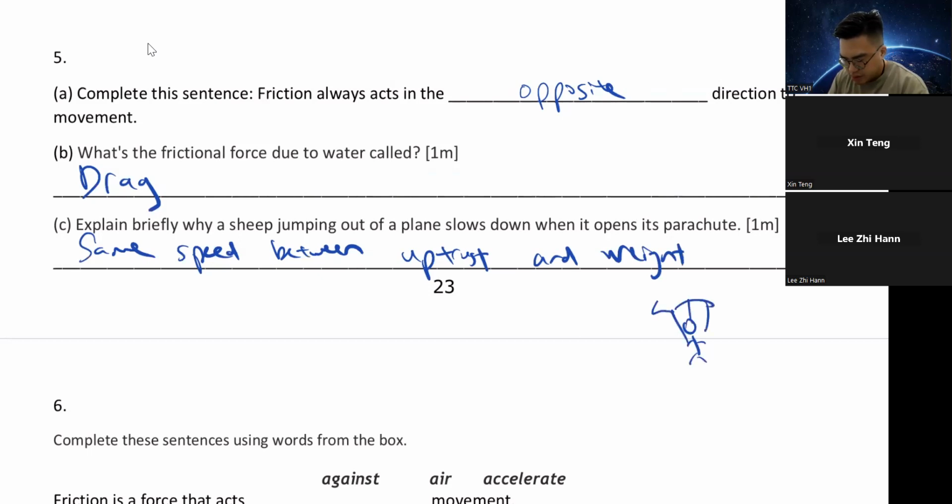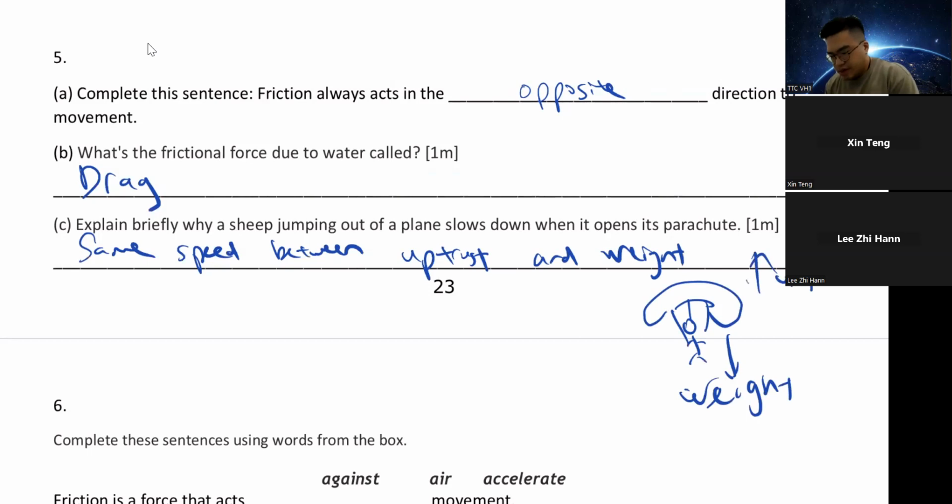That means this is our parachute. Okay, so that's the weight going down. That's the up thrust. If my up thrust is same as the weight, this thing will slow down in a constant speed coming down. So you won't crash dying. You won't crash and burn.